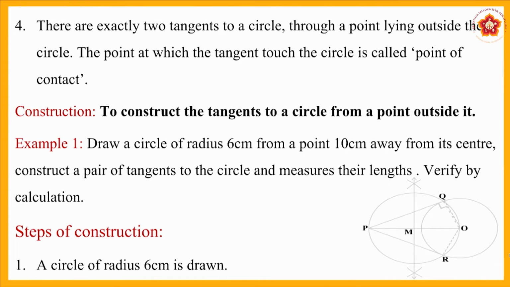From a point 10 centimeters away from the center, construct a pair of tangents, means you must draw 2 tangents to the circle. Measure the length and verify by calculation. Get ready with the compass, scale, if necessary, pencil and rubber.